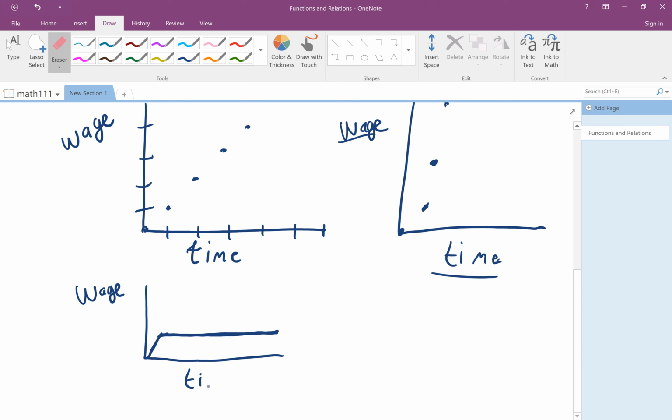Maybe that's like a salary position, where it doesn't matter how much time, I'm going to earn the same amount of money either way. But that is a correspondence, or a relation. So all three of these graphs show a relationship between time and wage.